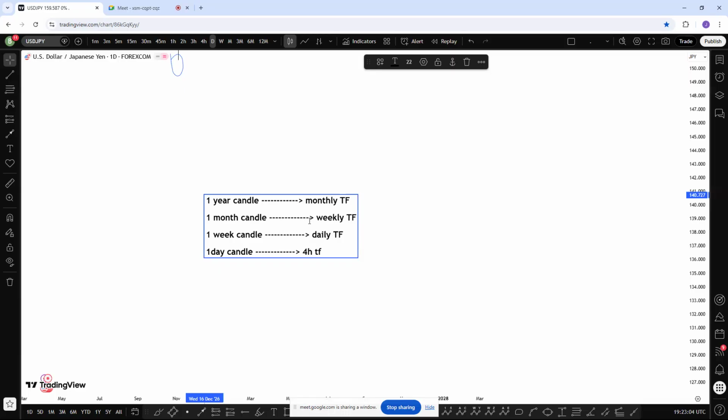So for our time frame, if you are on 4 hour, if you want to trade the 4 hour candle, maybe you are a scalper or intraday, you have to use what? You have to use 1 hour time frame.